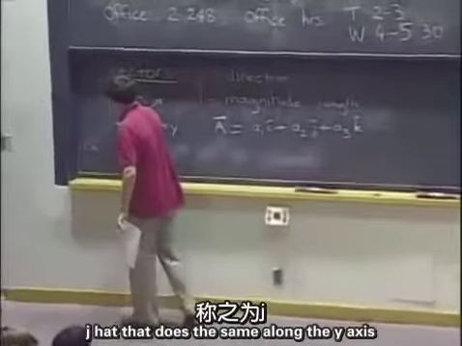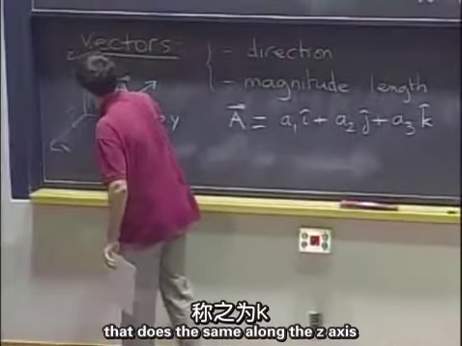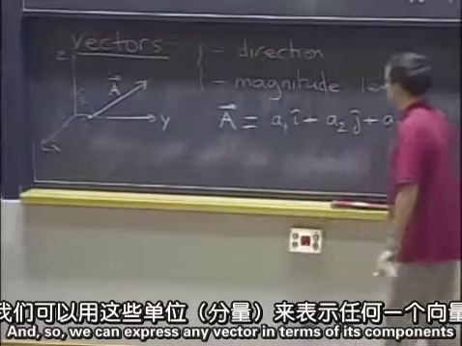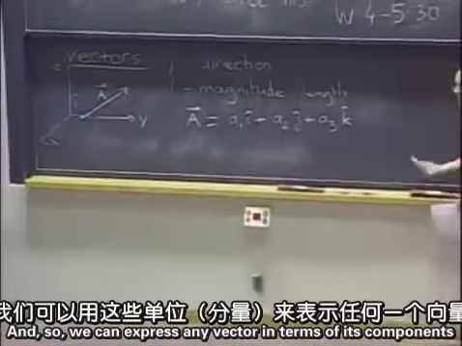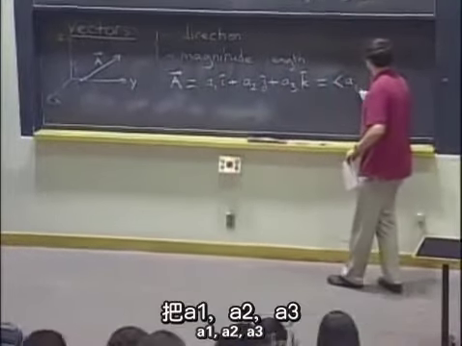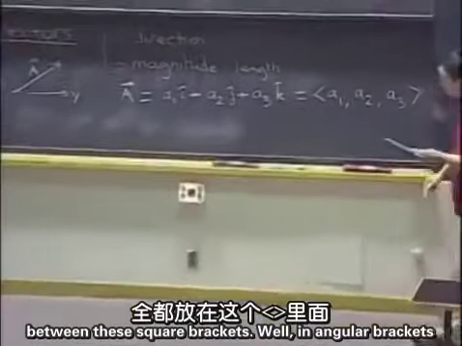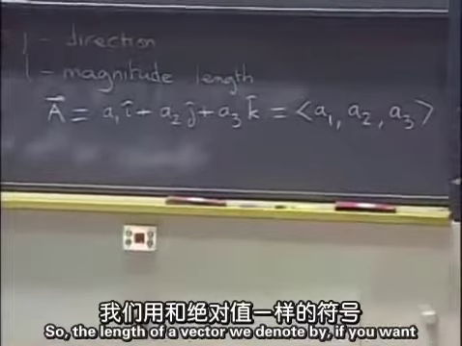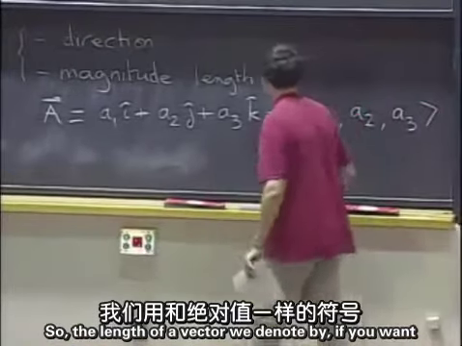There's a vector called j hat that does the same along the y-axis, and a k hat that does the same along the z-axis. And so we can express any vector in terms of its components. The other notation is a1, a2, a3 between these square brackets. Well, maybe it's the angular bracket.